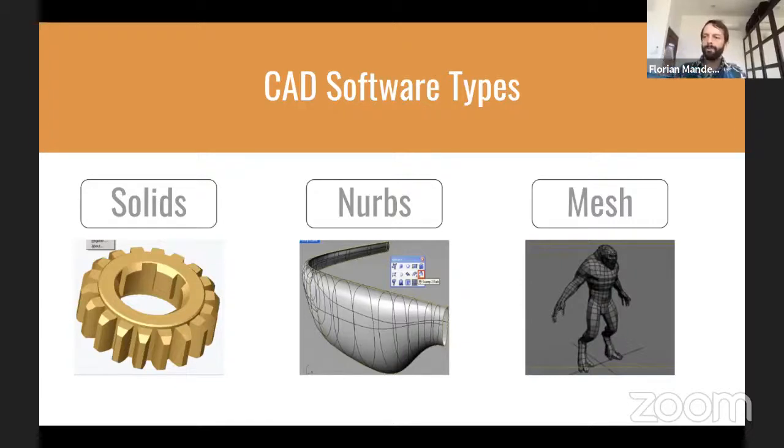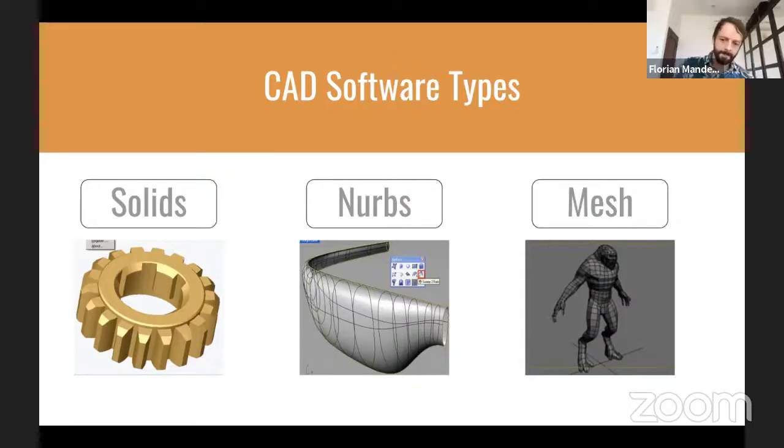So all games and animations are based on mesh, which are basically flat planes, triangles or squares that are connected and create a surface like that. They're easier to render and to process.